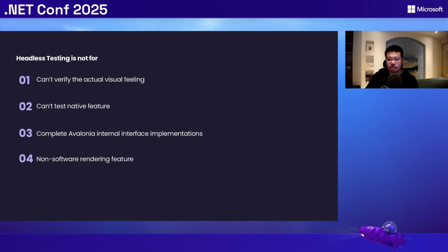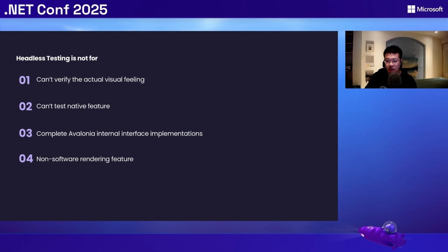And second, it cannot test cases that rely on specific hardware or rendering or display things. For example, if you need to test NativeControlHost or GPU interop, then headless testing is not for you. And third, some internal Avalonia interfaces in headless testing are highly optimized or simplified.